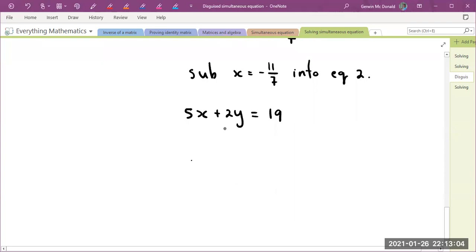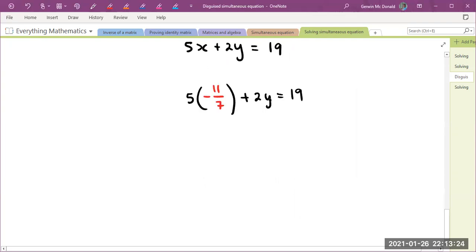So instead of 5x, it will be 5 into negative 11 over 7, plus 2y is equal to 19. And we're looking for y, of course, not x.